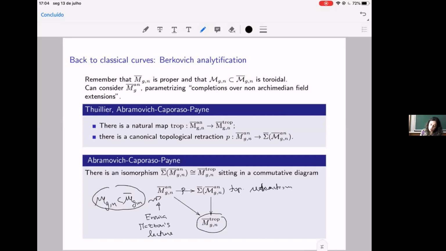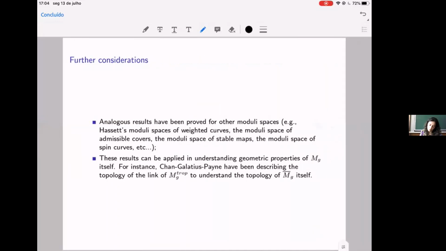And then in this work, they showed that this skeleton Sigma of the toroidal compactification is really isomorphic to the tropical moduli space. I think this is a beautiful result that was then generalized to other moduli spaces and has been used for different things, including understanding M_g, the classical spaces, as well.